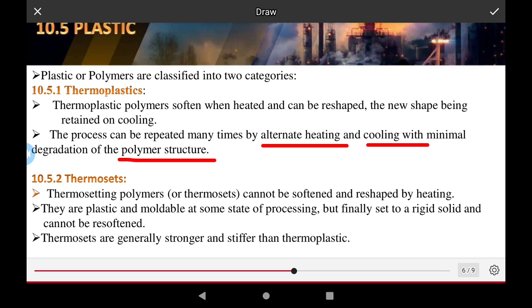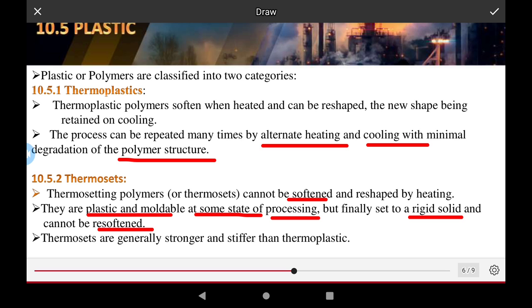Thermoset plastic, the thermosetting polymer or thermoset, cannot be softened and reheated by heating. It is malleable during some stage of processing, but finally sets to a rigid solid and cannot be softened again.